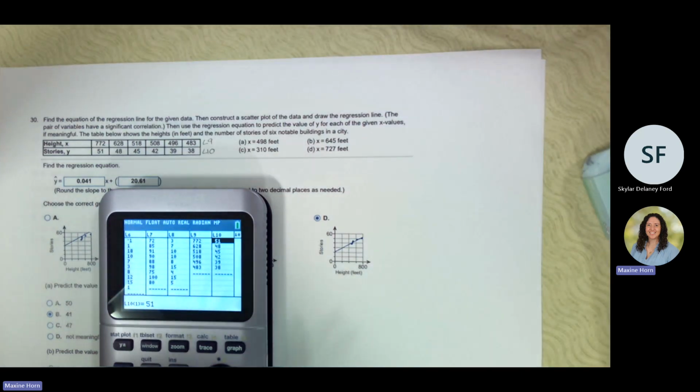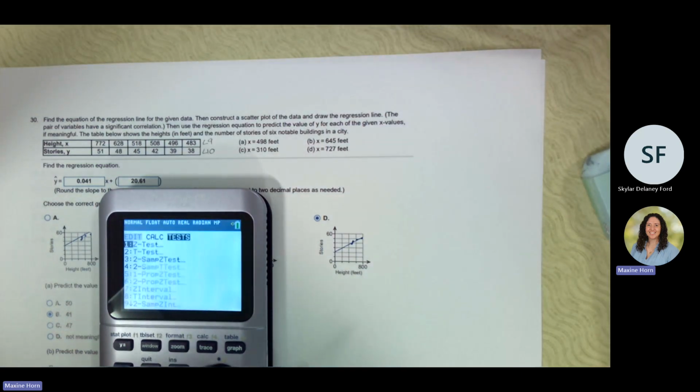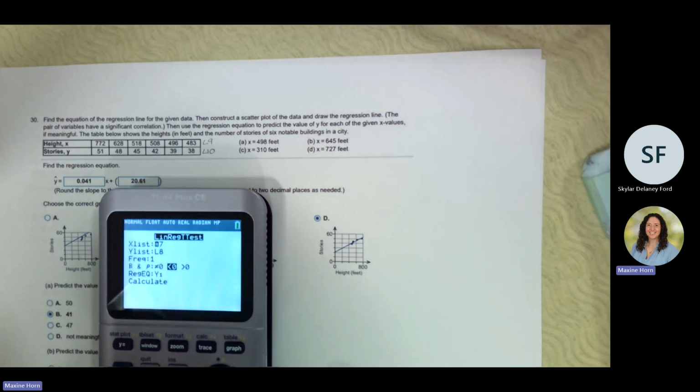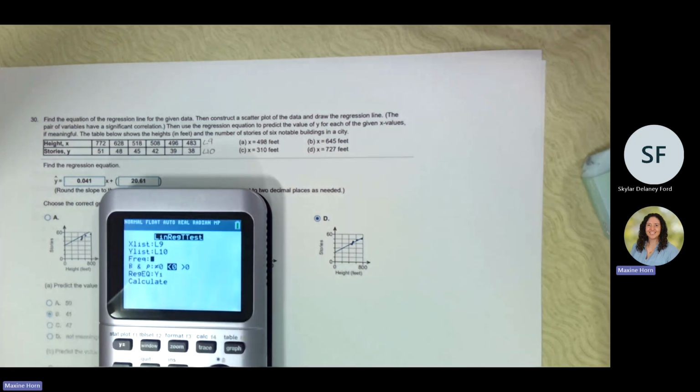Then I'm going to go Stat, Tests. I'm going to go all the way down to the bottom so that I can go to F, which is Linear Regression T-Test. I'm going to tell it which lists to look at, L9 and L10. Yours is probably going to be L1 and L2. Again, leave your frequency at 1.